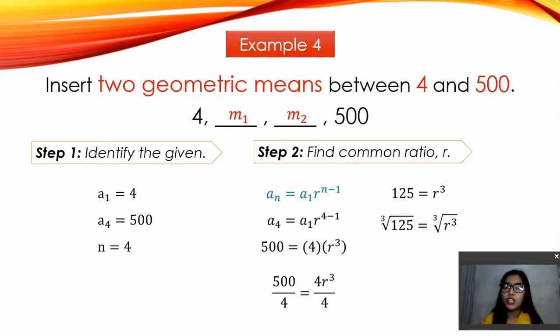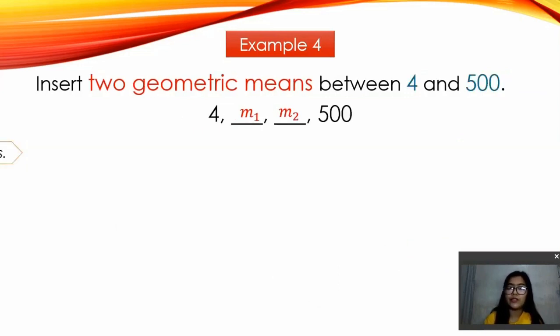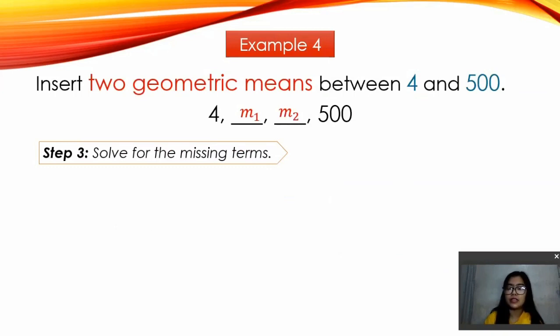So, ano ba ang cube root ng 125? So, cube root of 125 is 5. So, the common ratio is 5. Did you get the same answer with this one? I hope yes. So, let us use r is equal to 5 in finding the missing terms.